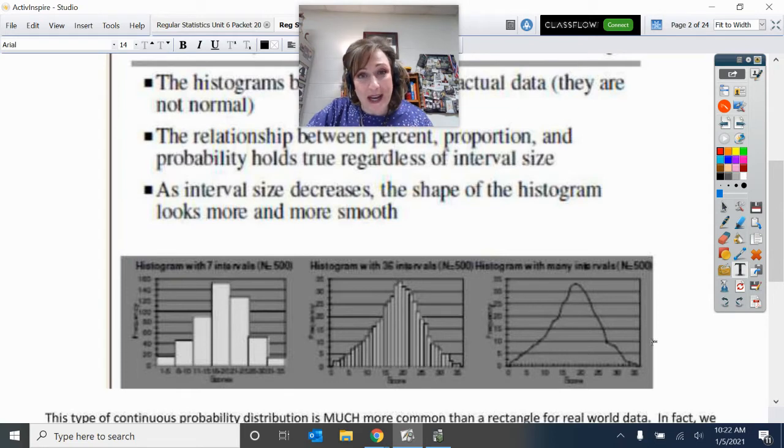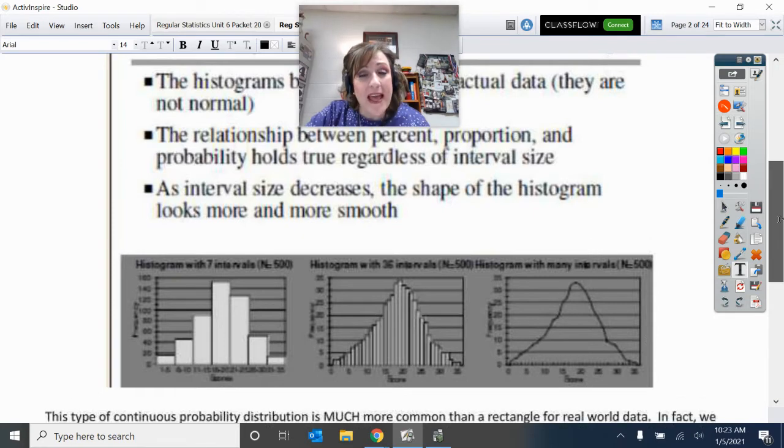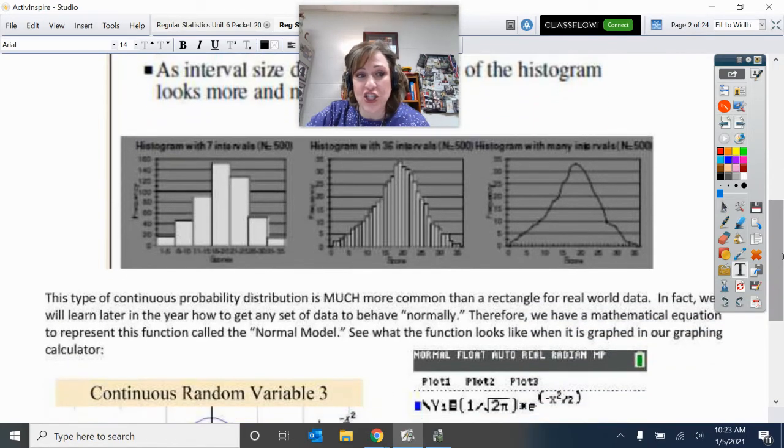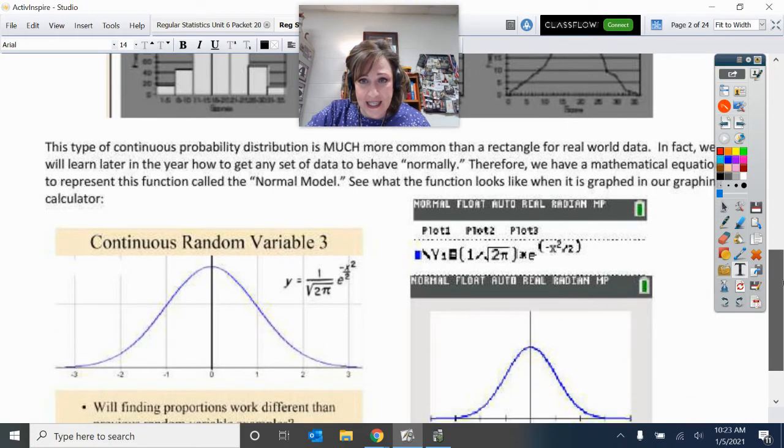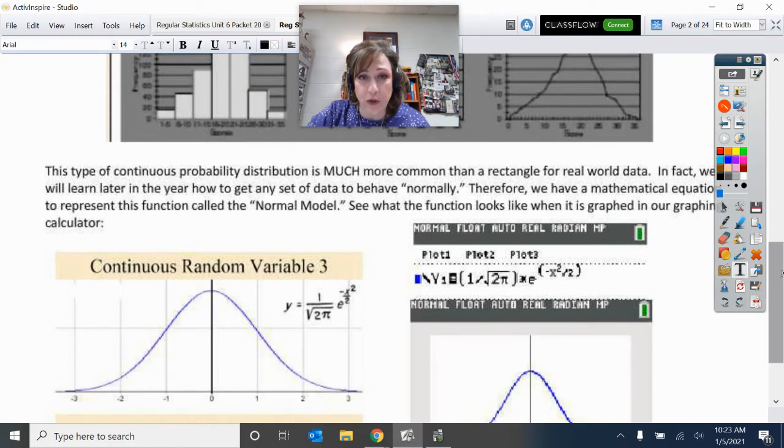So what happens is as the bars in the histogram get smaller and smaller and smaller, then we have this more smooth, continuous shape. That idea has to do with continuity and calculus, where we would then integrate an area. So we see it then starts to behave more normally.